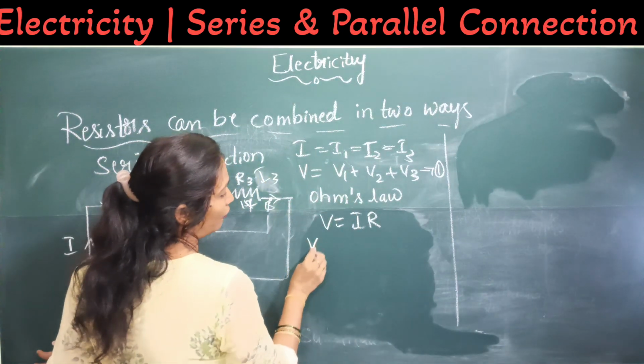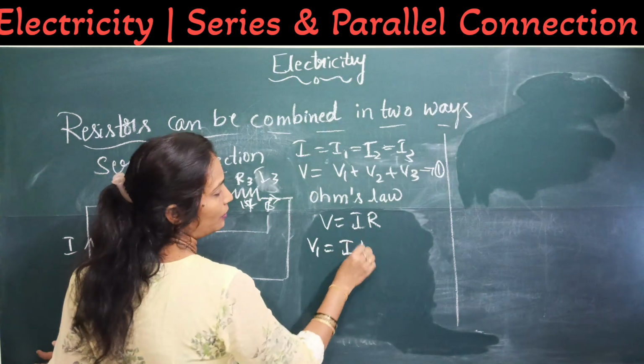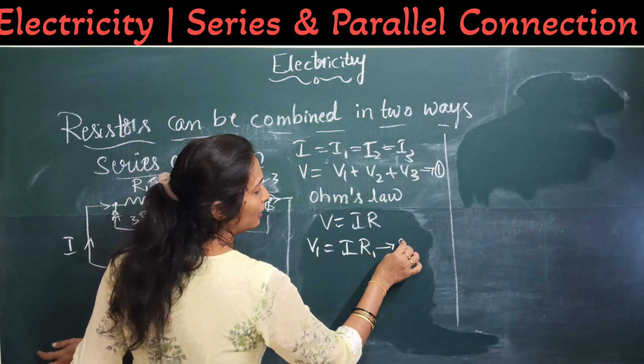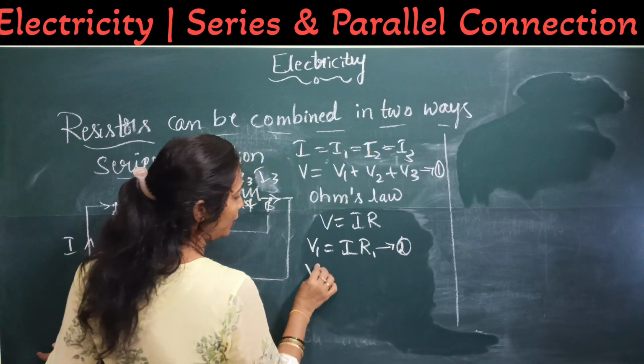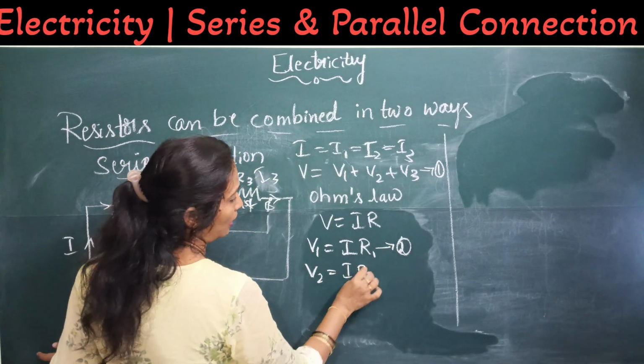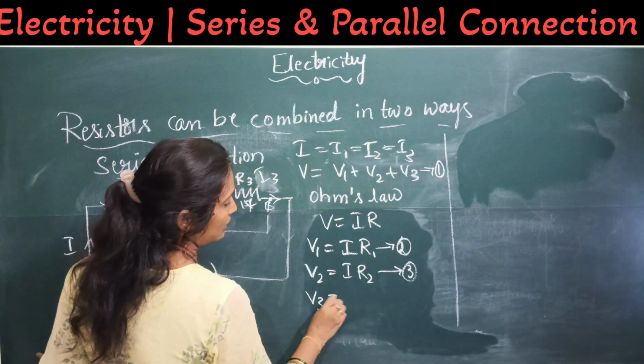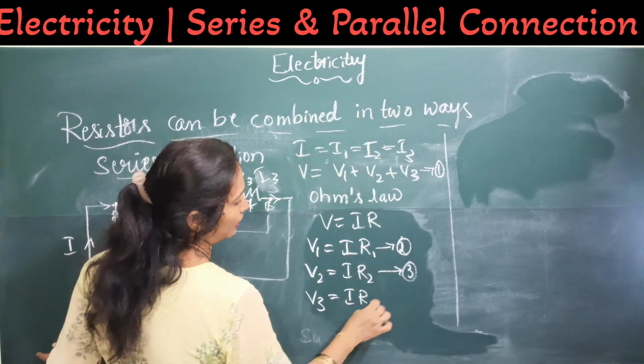Now, for V1, I will be the same, so I can take it as I only: V1 is I R1, V2 is I R2, and V3 is I R3.